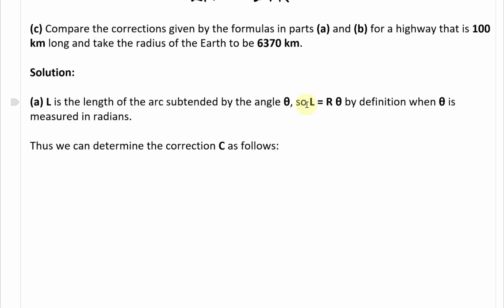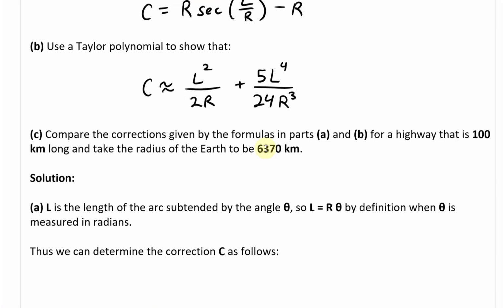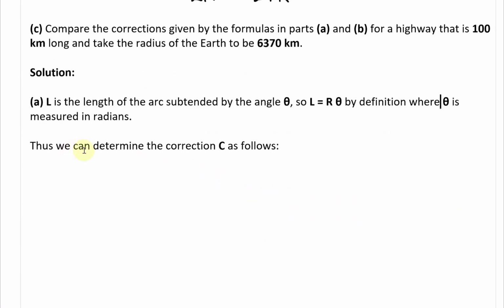So this is the length across there, so that's just an arc length. And recall the definition of arc length in radians. Then L equals capital R times theta by definition, where theta is measured in radians. Thus, we can determine the correction as follows.